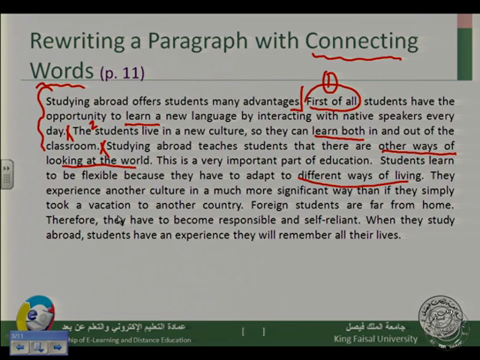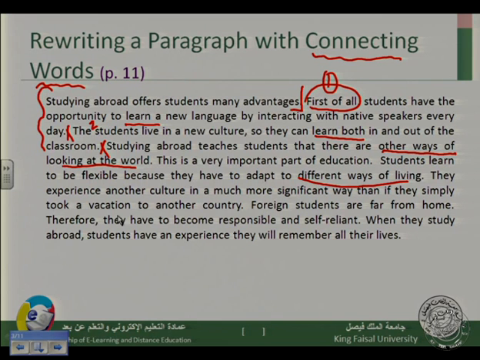Now, this exercise is on page 11 of your textbook. This paragraph, I mean. Now, what we would like to use here is two connecting words, which are in addition and also.